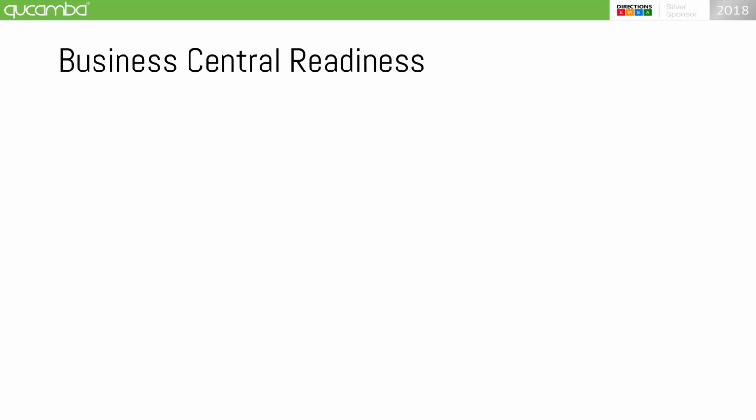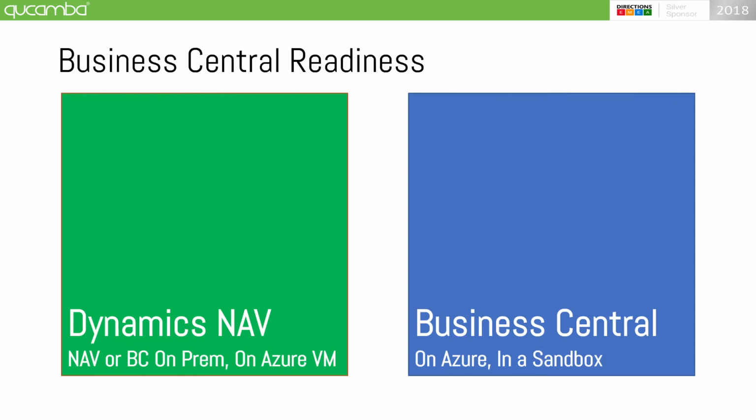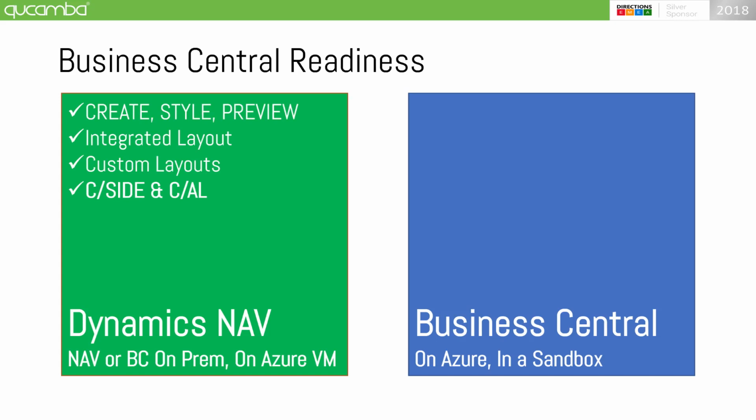Now let's come to the readiness for Dynamics 365 Business Central. As you've seen in the workspace, there are two tile colors being used for available profiles. The green tile represents an on-premise installation, which means that you can create, style and preview integrated layouts as well as custom layouts.